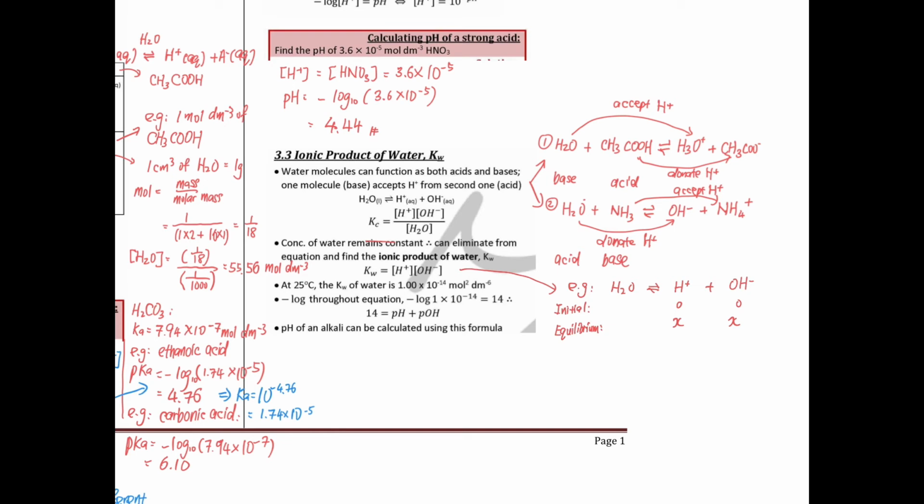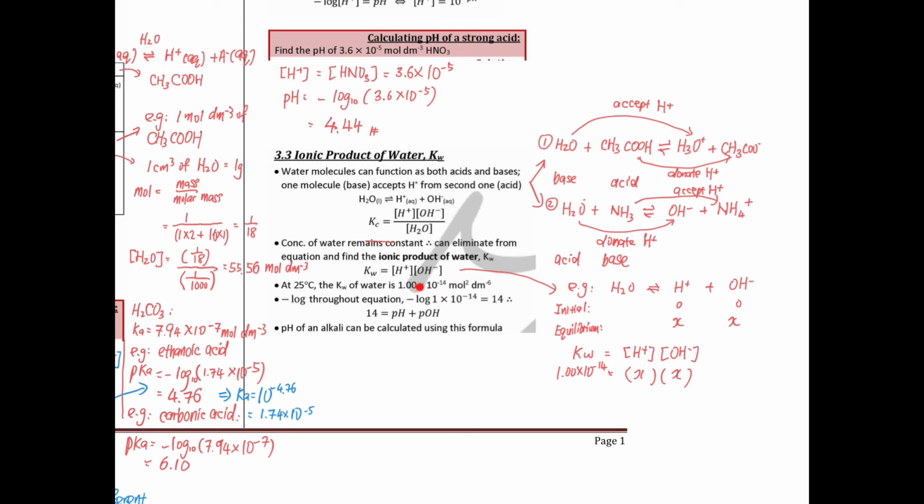Now, you want to count Kw, which is H+ times OH-. This is X, and this is also X. Let's do it at 25 degrees Celsius, so Kw is 1.00 times 10 to the power of negative 14. This value was given just now, where you can see the red cursor here.